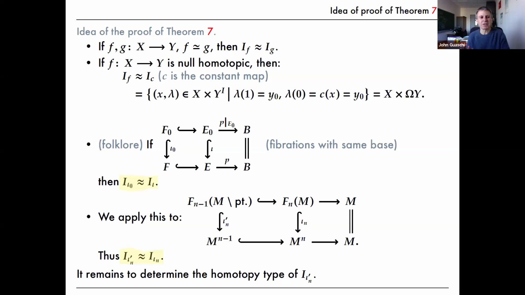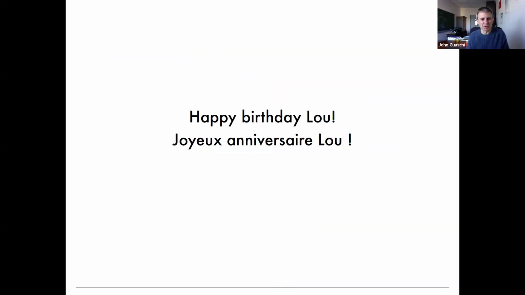But by modifying the spaces and the maps, we do get something that is null homotopic. And so part of the proof is to construct these spaces for which the map is null homotopic, and then we can apply this result. So maybe I'll stop there.